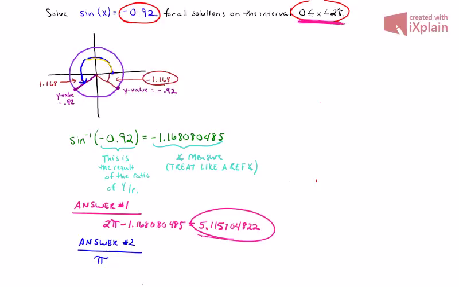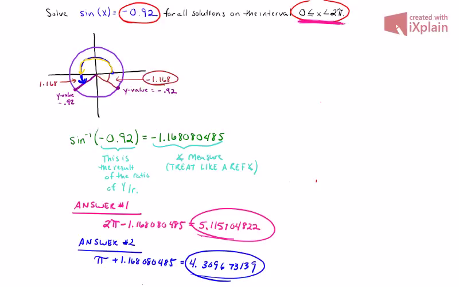So I'm going to go a full rotation of pi, and then I'm going to add the rest of this reference angle of 1.168080485. And this is going to result in a solution of around 4.309673139 radians.